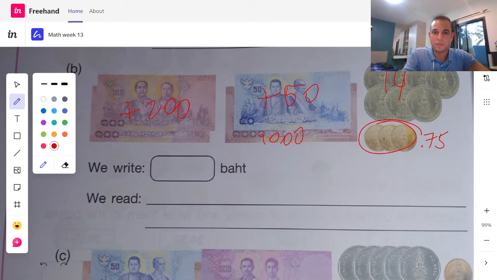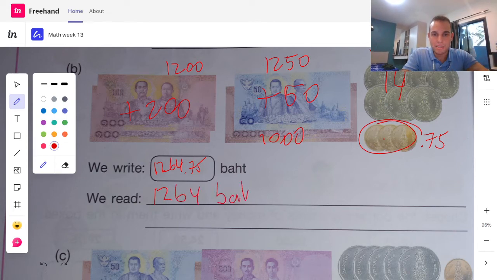Okay, so let's count. 1,200, 1,250, 1,264.75. Okay, so 1,264.75, or we can say 1,264 baht and 75 satang.